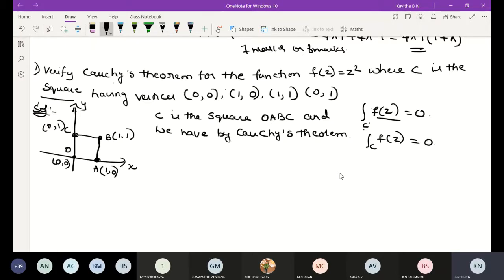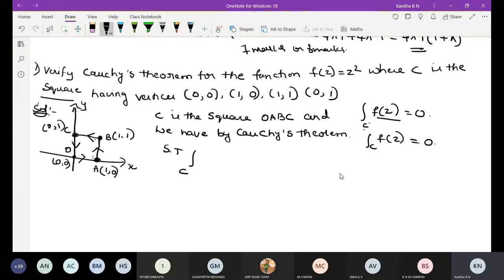What we have to show is that the integral over C is split into 4 curves: along OA, along AB, along BC, and along CO, not OC, along CO. Understood? The curve is split into 4 curves.